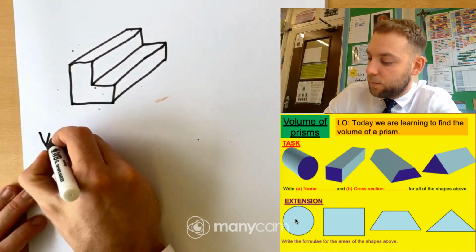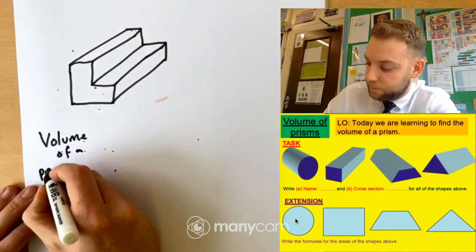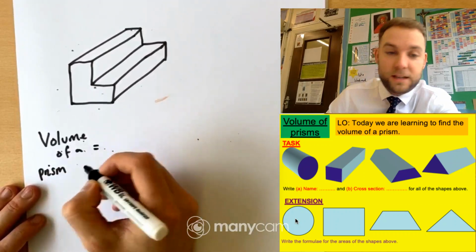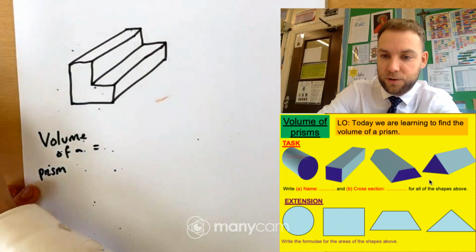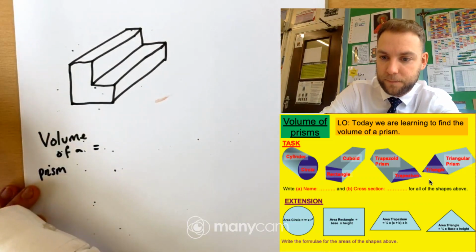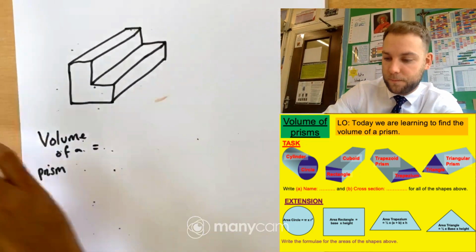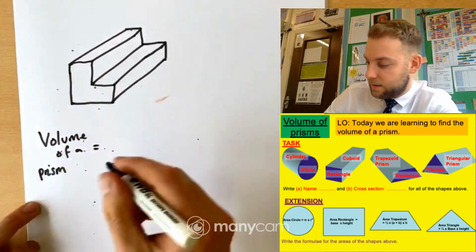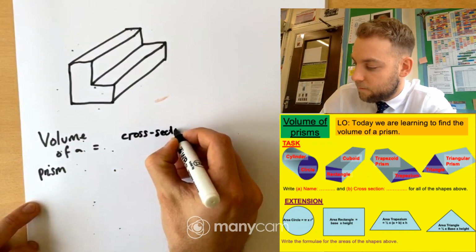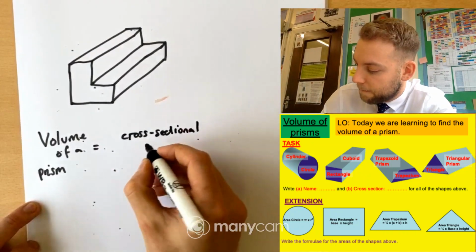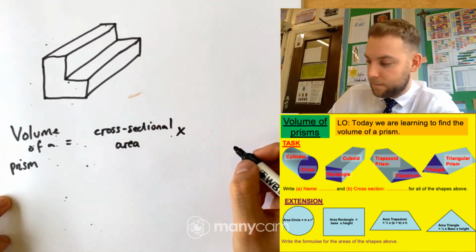The volume of a prism is equal to, I'll get it on the next slide because I think it's on there. Nope. The volume of a prism is the cross-sectional area times by your depth.